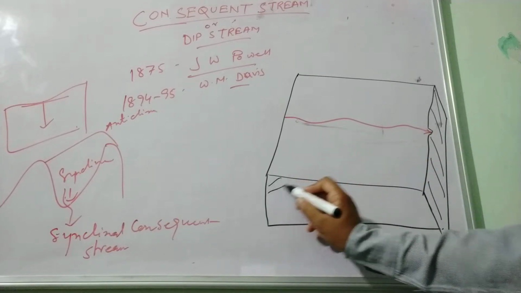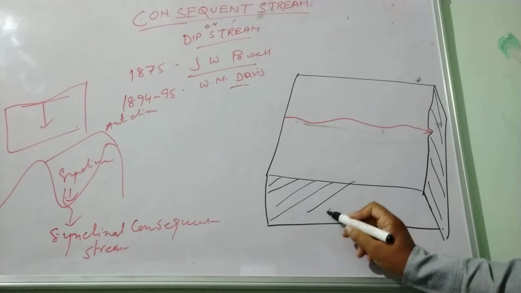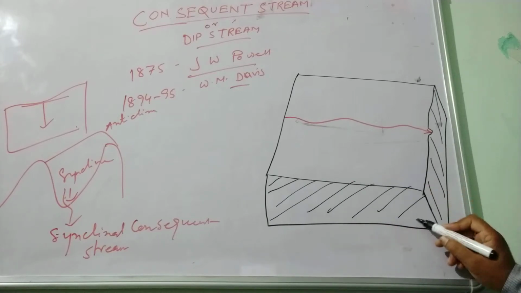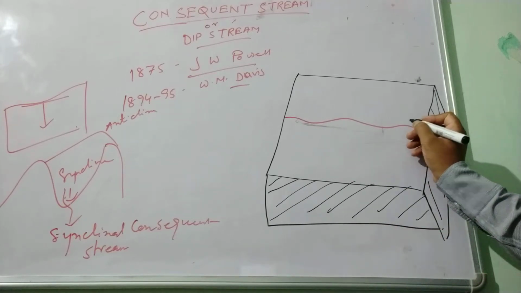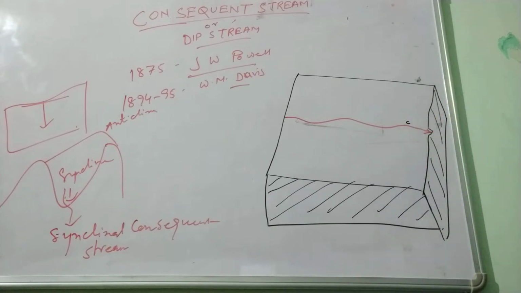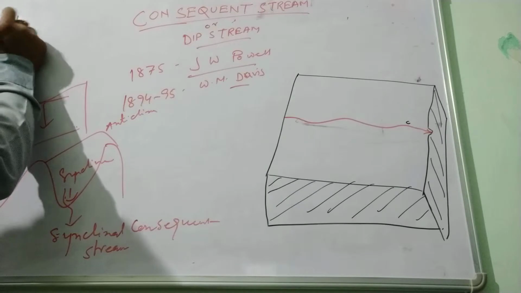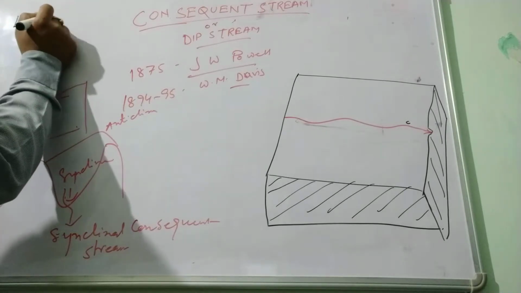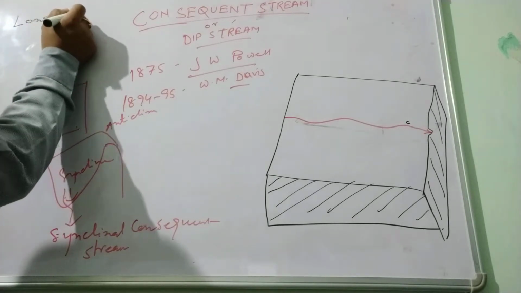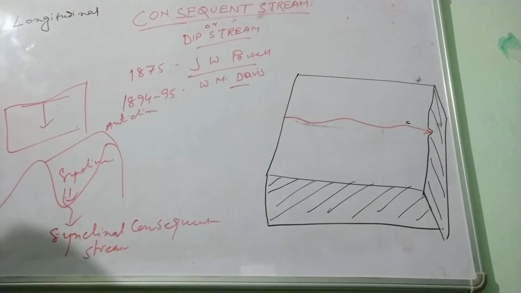So if we consider this land surface, then this is the stream which is called the consequent stream, that is first generated on our earth's land surface. Right? Depending on the axis of depression and folded structure, the stream is divided into two categories. One is the longitudinal consequent stream, and the other is the lateral.